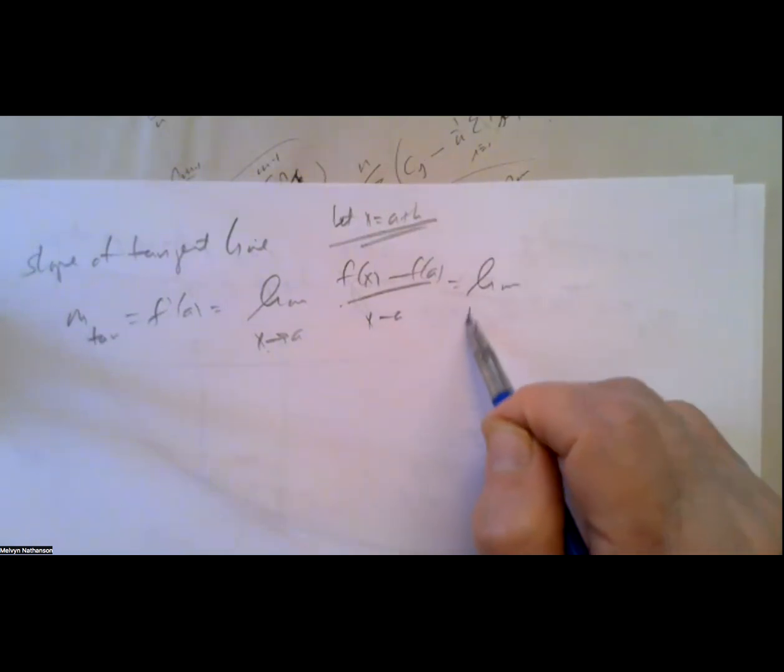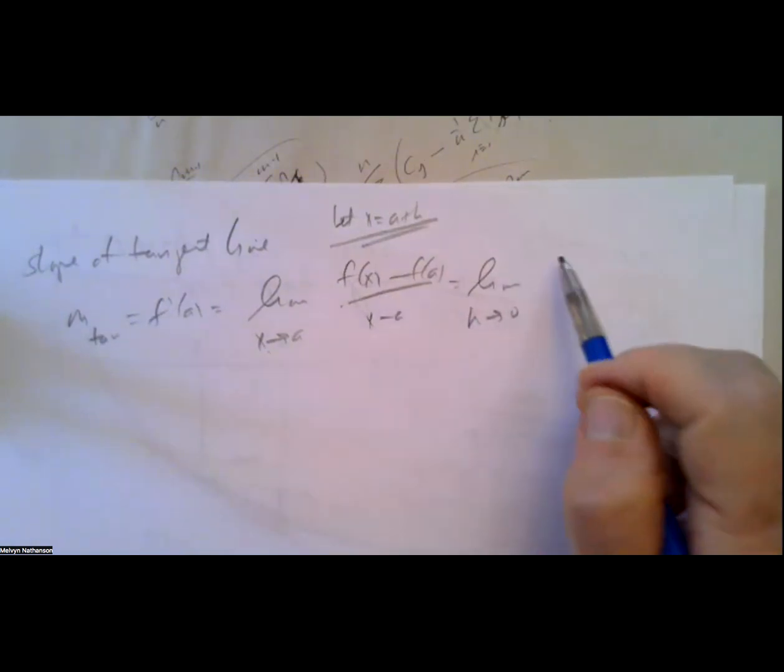This would be the limit as h approaches 0 of f of a plus h minus f of a over h, since x minus a is equal to h. So these are two completely equivalent definitions of exactly the same quantity, which is the tangent slope.